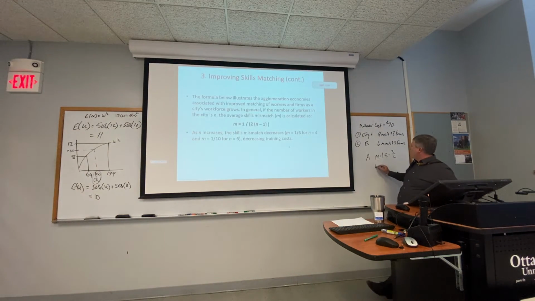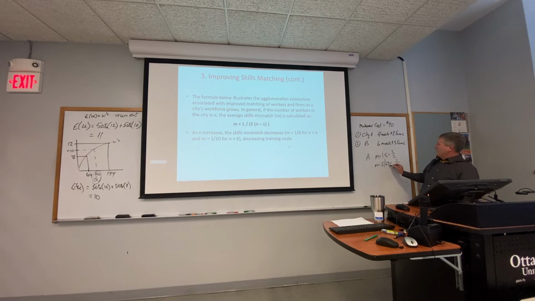So you said this for A. We can just kind of check real quick what Lawson did. 1 over 2 times, what's N? 4. 4 minus 1 equals 1 over 4 minus 1 is 3. 3 times 2 is 6. And that's 0.166 if you do a decimal, but we can keep it fractions.